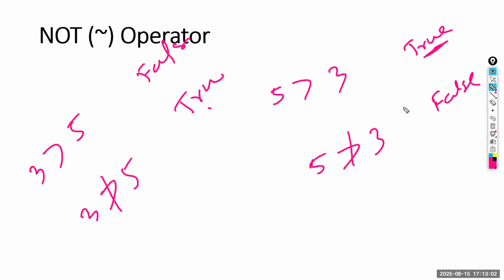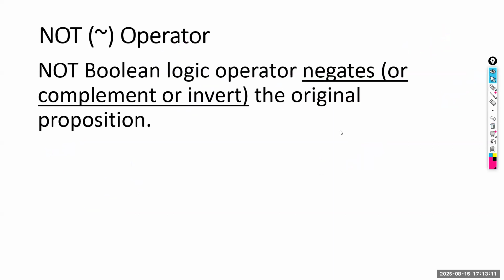So we call it the not operator in Boolean logic. Negation, invert. If the original proposition is true, when you apply not, the new compound proposition is false. If the original is false, now this is true.